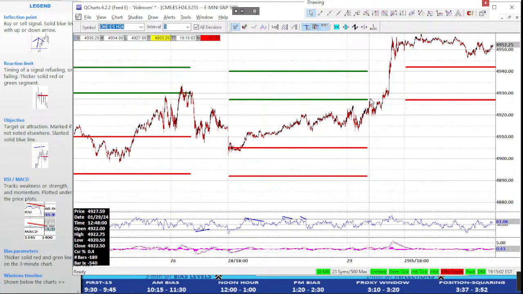Actually the morning traded flat or traded up. This is the cash session open, traded up to the bias signal. Really didn't do much.